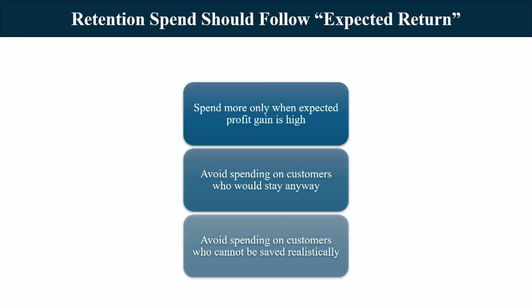What you have to do? You have to spend more only when the expected profit gain is higher than the incurred cost. Next, you have to avoid spending on customers who would stay anyway. Remember that we calculate the probability of churn. Let us say our high-risk customer category has a probability of churn of 0.3.